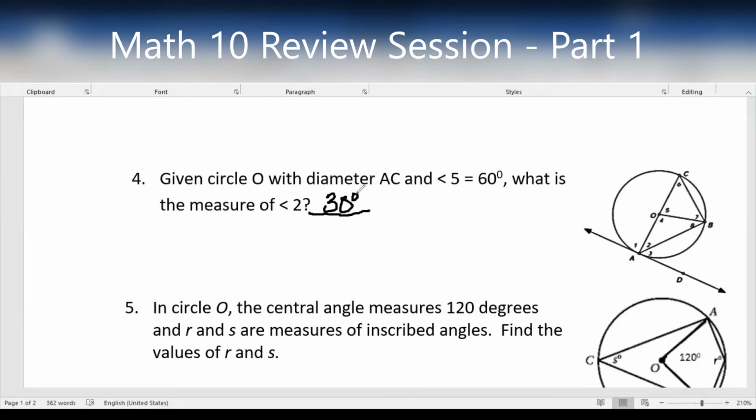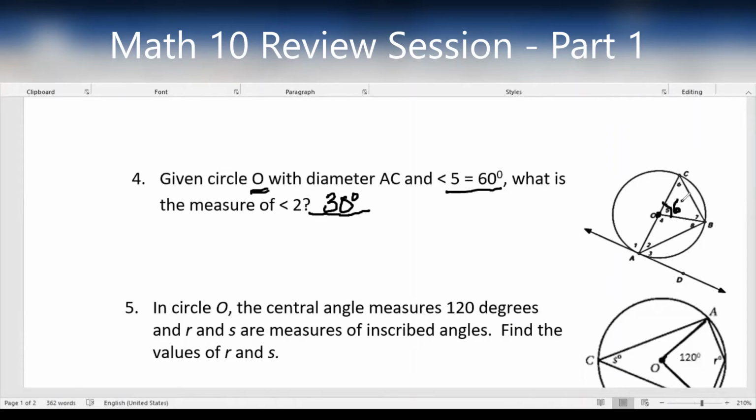Okay, 30 degrees. So, looking at the given, focus on circle O. Understand that point O is the center, with diameter AC, and angle 5 is equal to 60 degrees. Since this is the center and AC is the diameter, we are sure that angle 5 is a central angle.